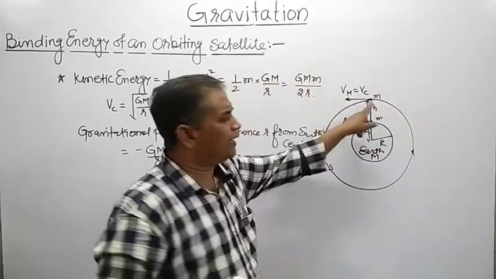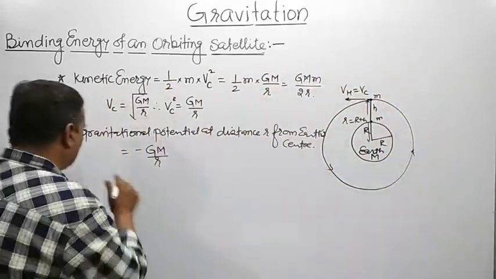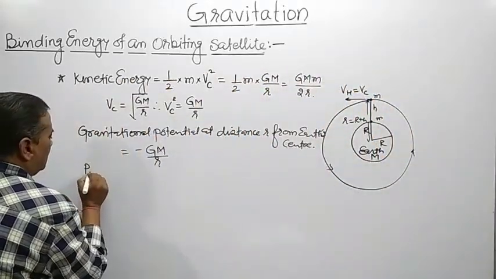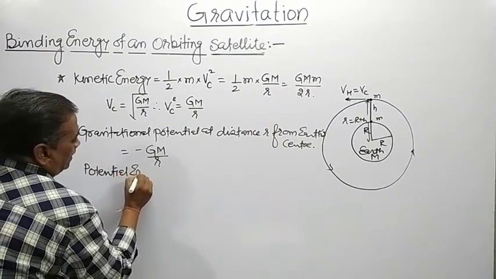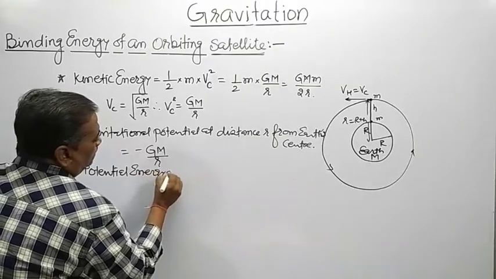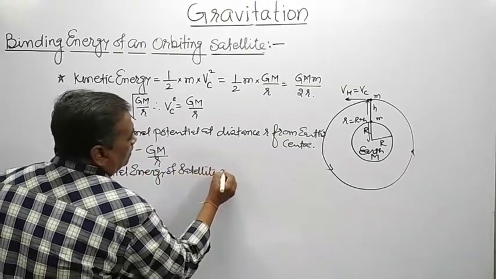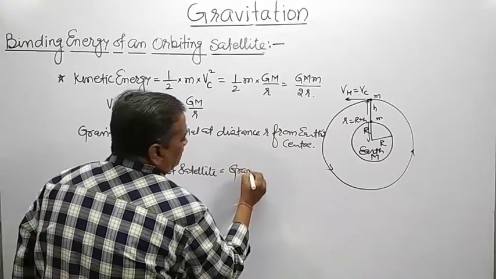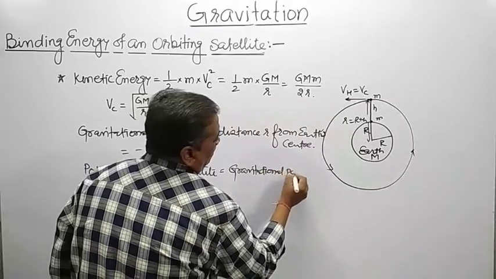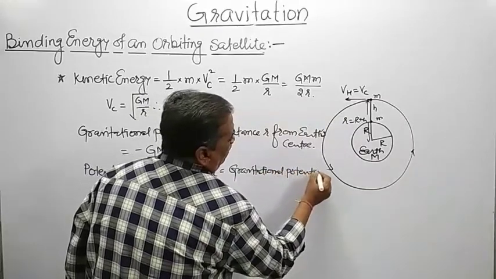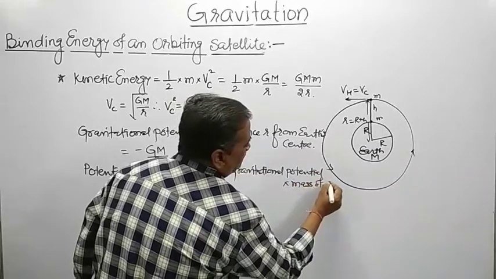Now, we want to find out what is the potential energy of a satellite. As you know, the potential energy of a satellite is equal to the gravitational potential multiplied by the mass of the satellite.